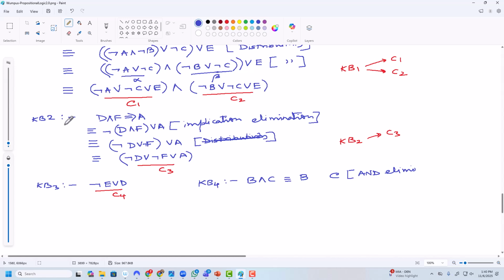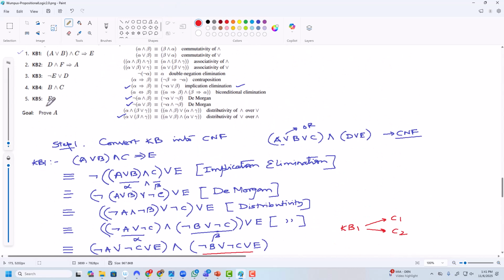This is also called simplification, because if they are true individually they have to be true. So I call them C5 and C6. Okay, six clauses already I got.